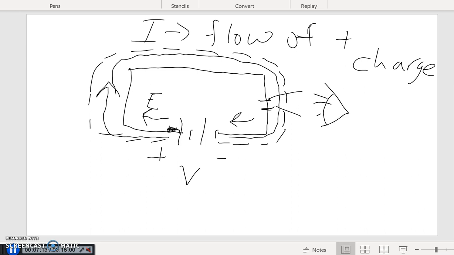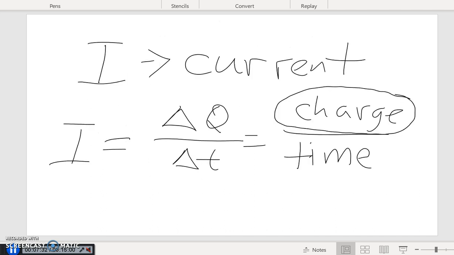So I'm looking at the microscope, and I'm counting the number of charges that pass through this little point per unit time. And so what I might do is set my stopwatch for 10 seconds, count the number of charges, take that total number of charges and divide that by 10 seconds, and that would be my current, okay? So it's just the total amount of charge that passes a specific point in some unit time.